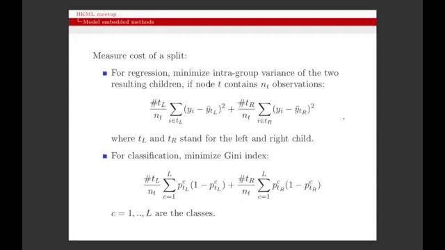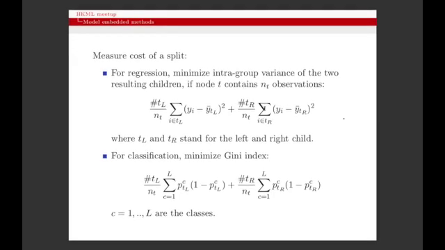That is, we want to minimize the weighted average of the variation among the 2 children, that is the variation among the observations in the left node, and the variation among the observations in the right node.